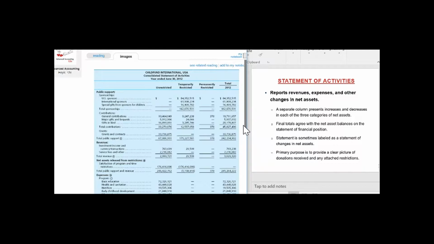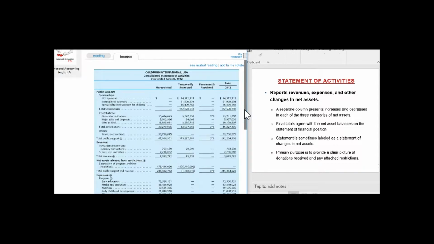So they are preparing separate columns, and they are identifying how those three categories of net assets are changing during this year: unrestricted, temporarily restricted, and of course permanently restricted, which usually will not change because those funds are kept as long as the organization exists.